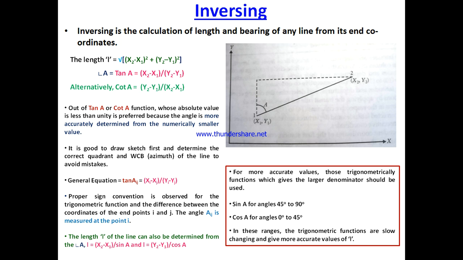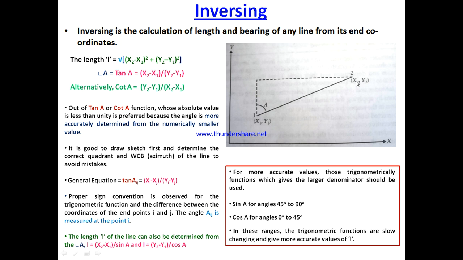Here we have chosen the point from where we are measuring the particular angle. Suppose I am measuring a particular angle from here, so I will say that this point is chosen as i and this will be chosen as j.